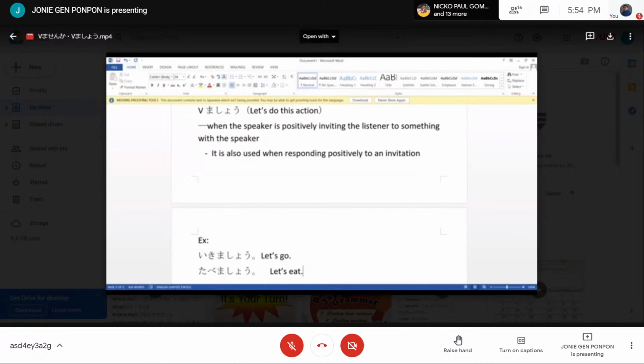Okay, so as I said earlier, when inviting someone, it's better to use masenka rather than masho, because it shows that the speaker is more considerate of the listener's willingness.